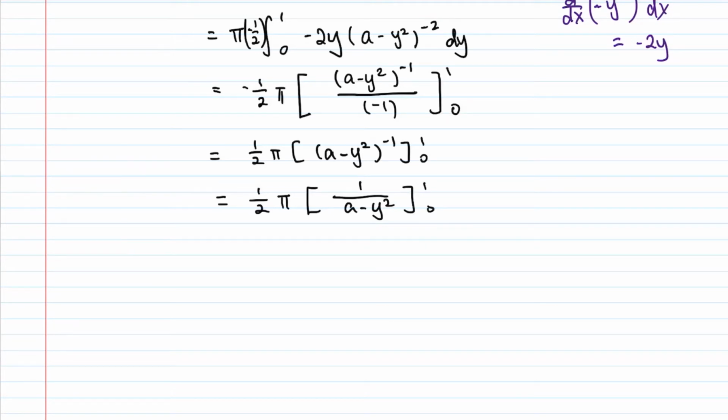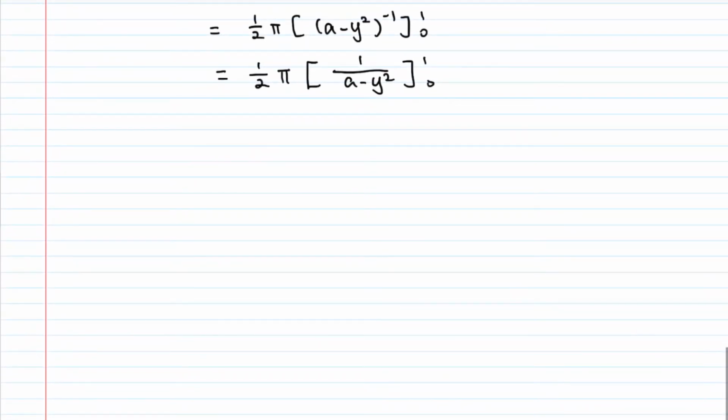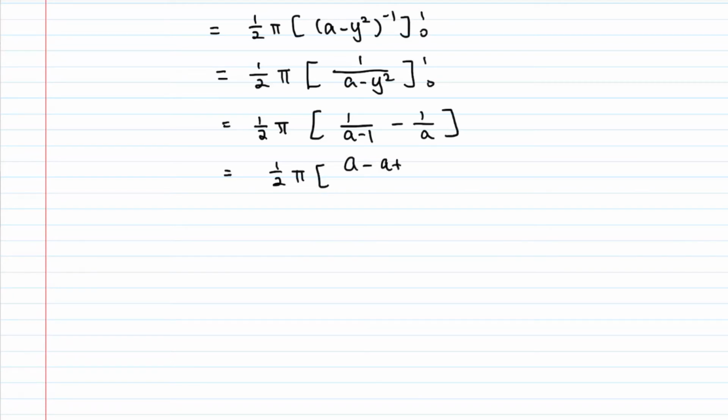So all you need to do now is just sub in the 1 and the 0. You will simply get half pi times 1 over a minus 1, minus 1 over a. Alright, so for this part you can just make the same denominator. You get half pi times a minus a plus 1 over a times a minus 1.